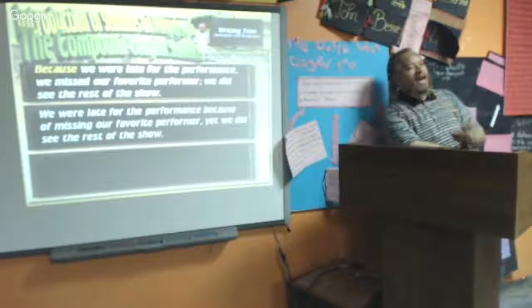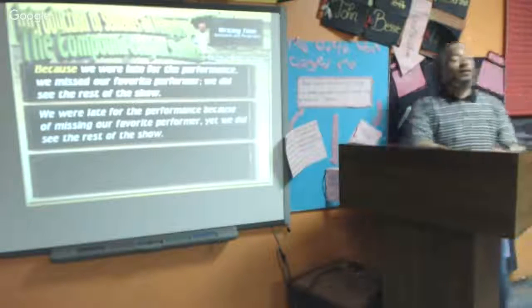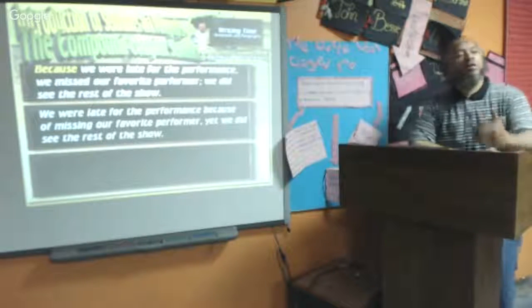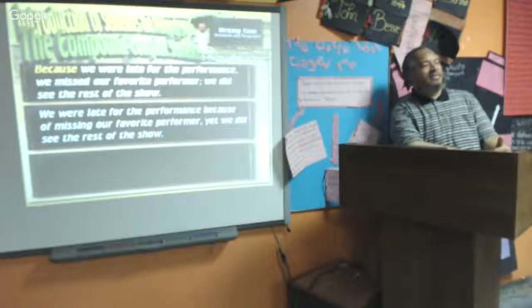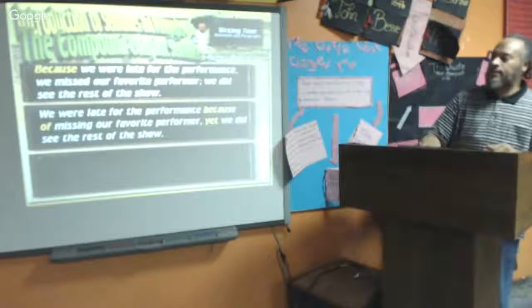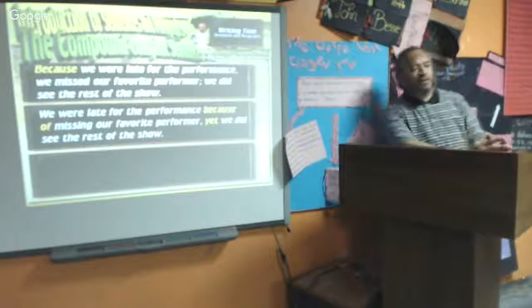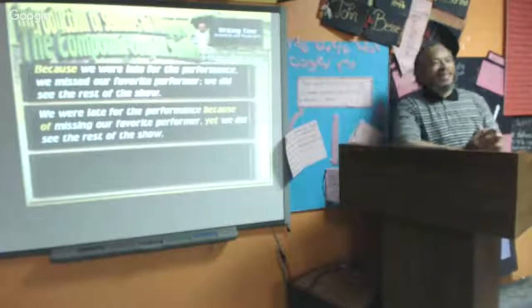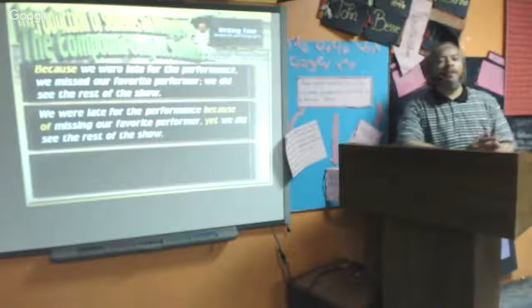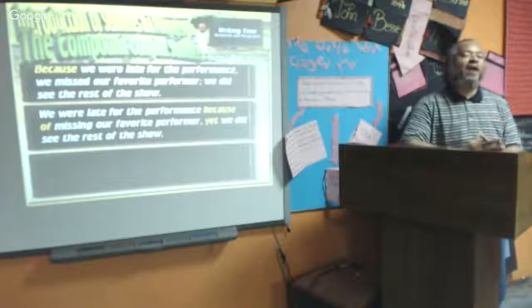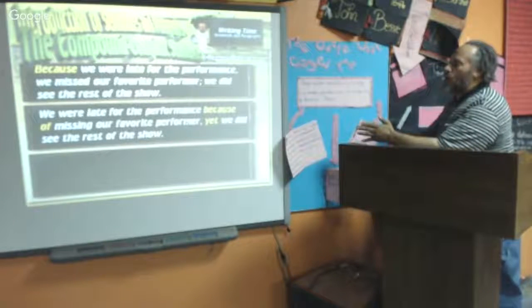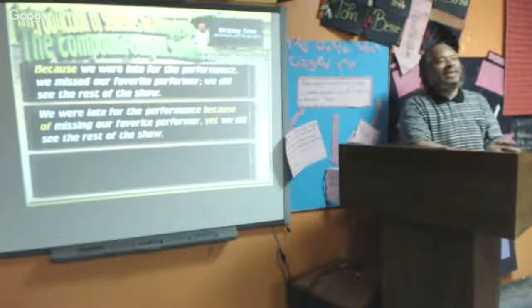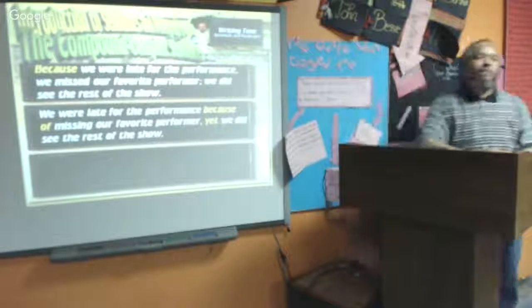That is the entire independent clause. Now I know you see the word because, but if you notice, it's not just because, it's because of. So in that instance, it is not a subordinating conjunction, it is a compound preposition. So because of missing our favorite performer is actually a prepositional phrase.